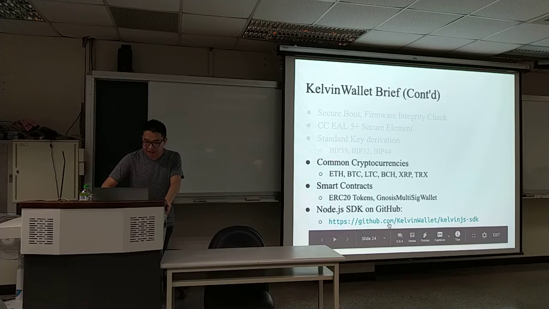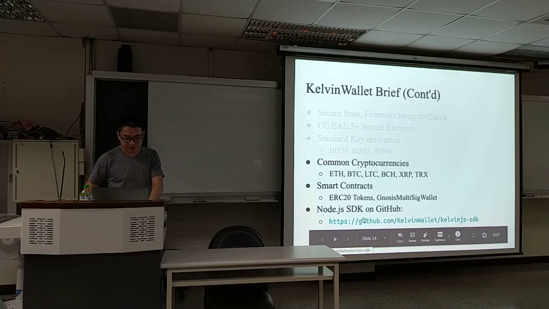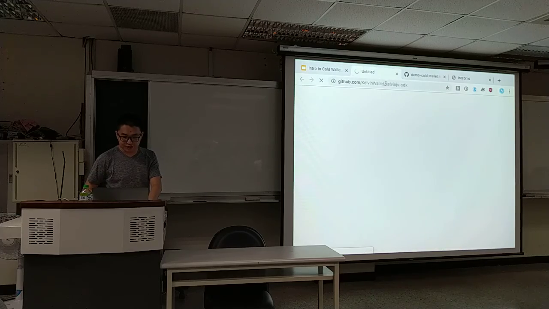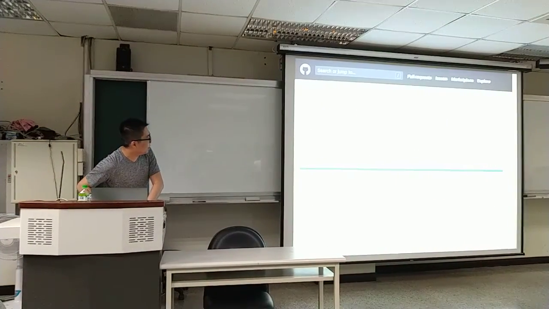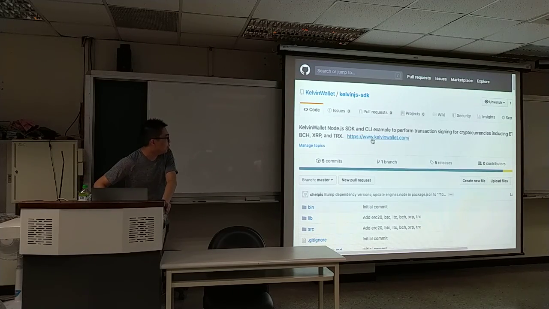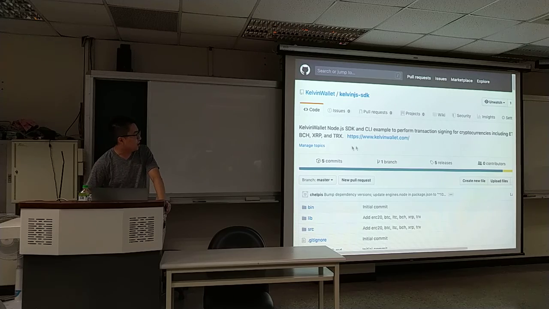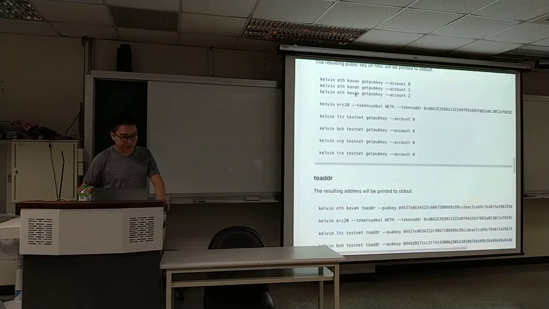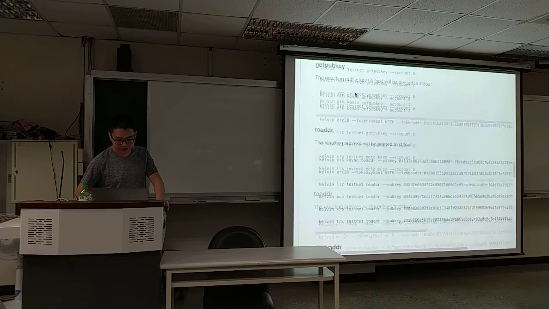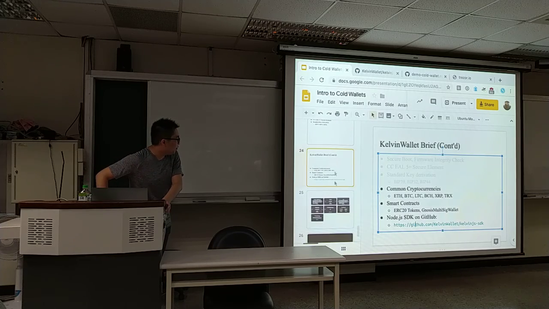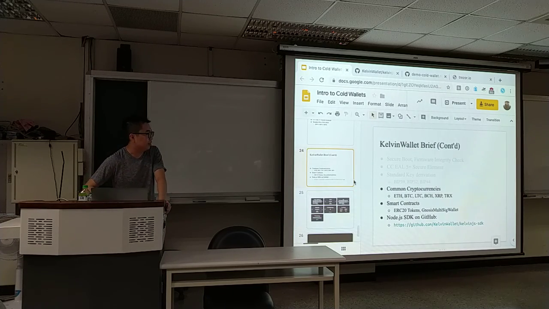We have open sourced a Node.js SDK on GitHub, available under the organization Kelvin Wallet. To use it, we need to install Node.js on our laptop or PC, and I will do a quick demo for this. Actually, for our internal development, we also have a Python API, but we haven't open sourced that yet.